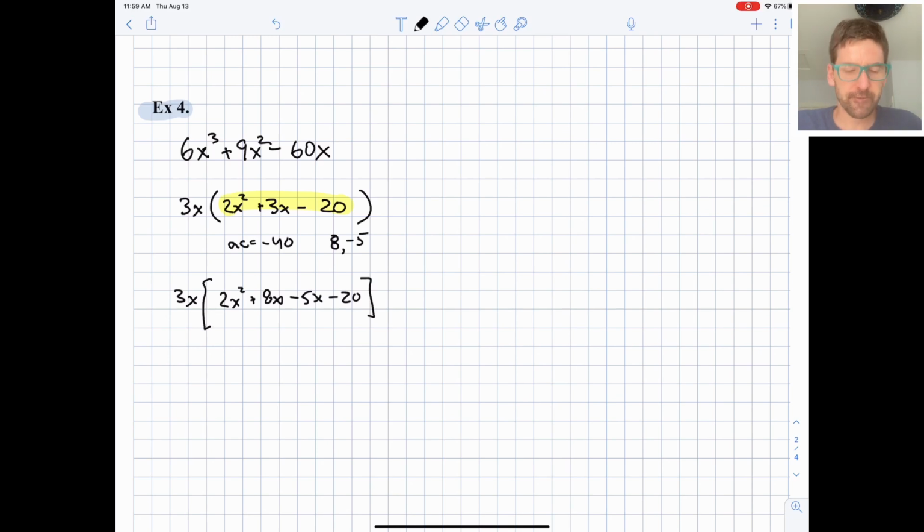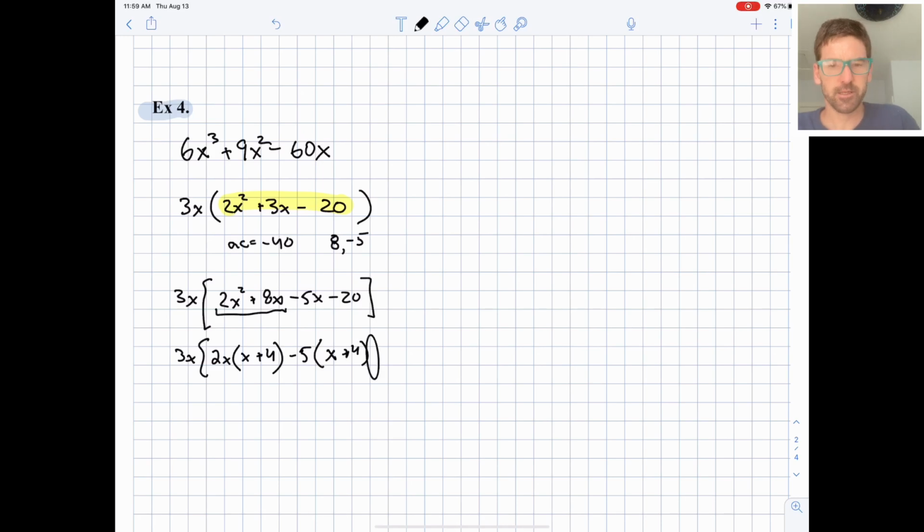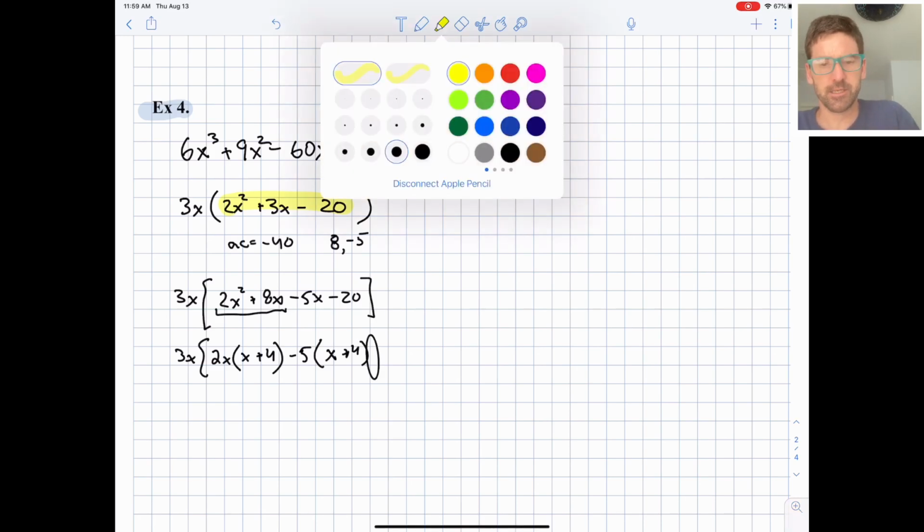Okay. We still have some more work to do. We need to do our GCF from each piece inside. So 3x times, so what's a GCF of this? It looks like it's a 2x times x plus 4, I believe. Let's pull out a negative 5 here, and that stays behind as an x plus 4 here. So let me just be clear about what I just did.